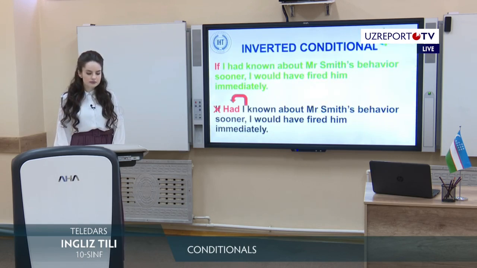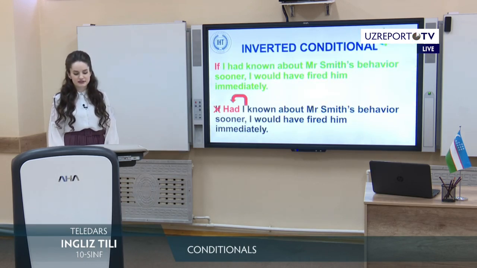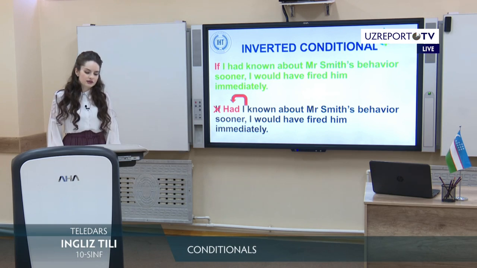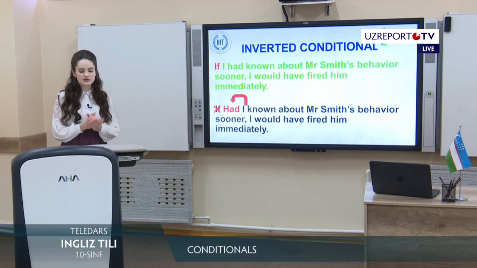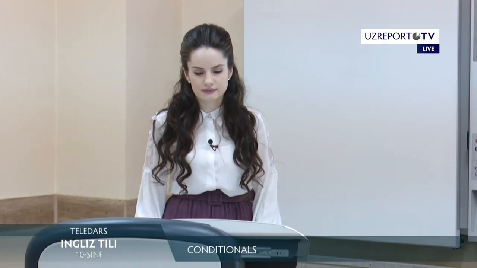One more example for inverted conditional. It is again, if was omitted and the auxiliary had we placed before the subject. So remember, if you would like to say something in a more official style, you may use inverted conditionals. You may use the inverted form in any type of conditional sentences.